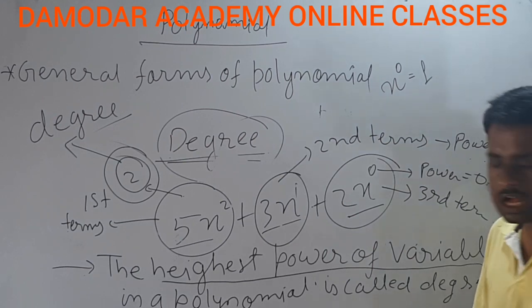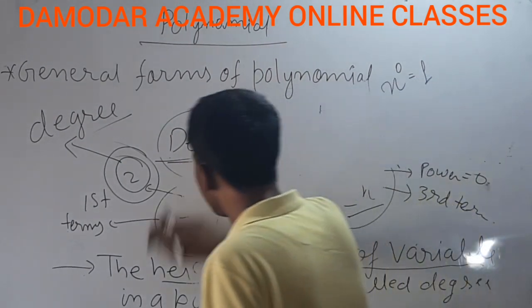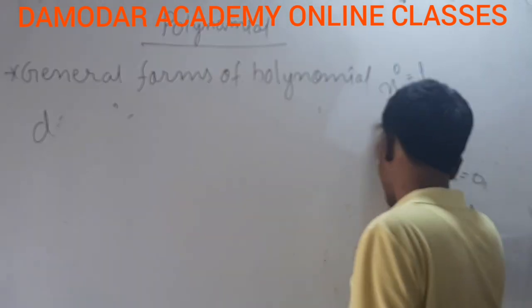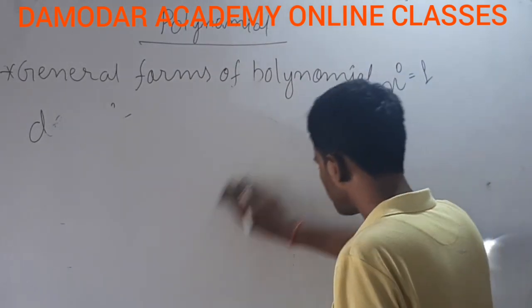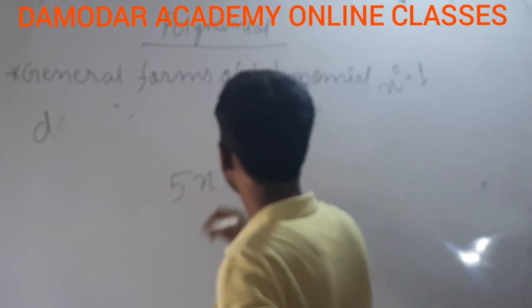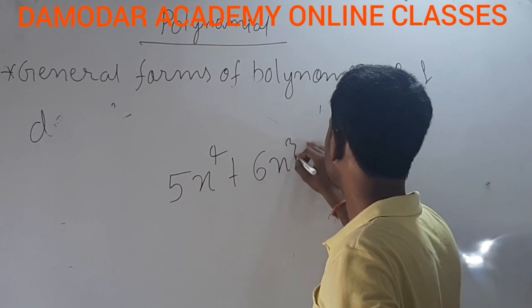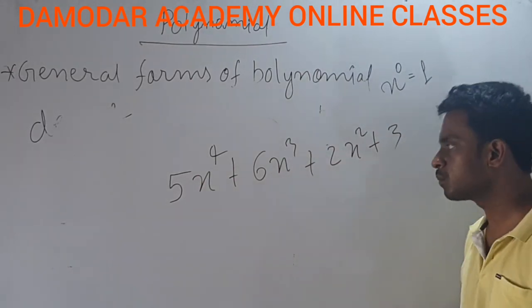Okay? In this way, we will calculate the degree of the polynomial. Okay? Now, we will check another example. For example, 5x to the power 4 plus 6x cube plus 2x square plus 3.